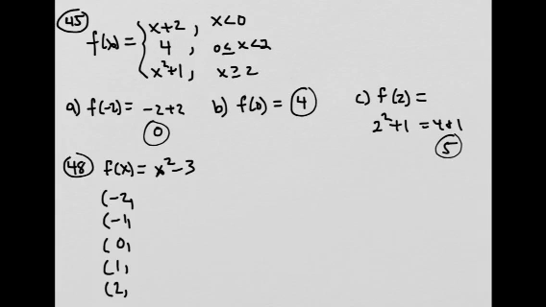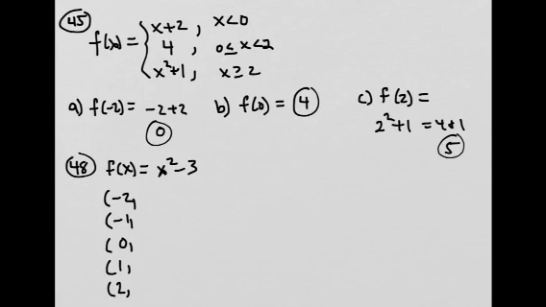For 48, they want you to use that function to evaluate the function at these x values. Those all came from set A, which is comprised of these 5 values. So basically all you're doing is replacing the x with each of those and evaluating. So negative 2 squared minus 3.